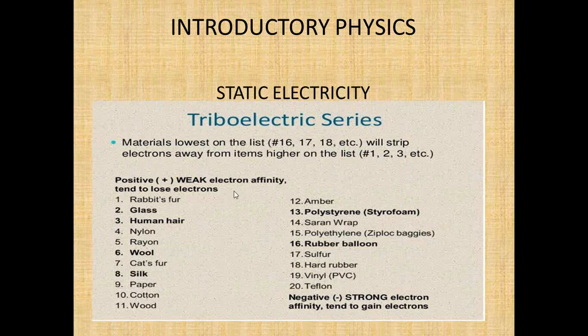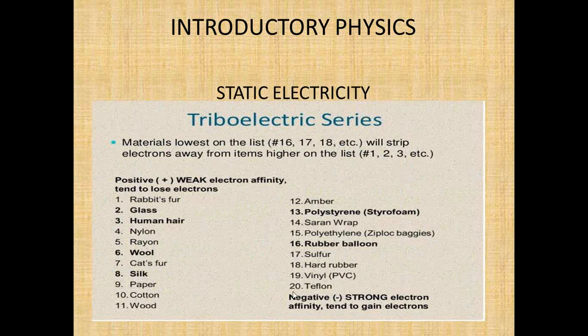You can order it in this fashion, where materials lowest on the list will strip electrons away from objects higher on the list. So what we're saying is, we order it in such a way that these objects tend to give up their electrons, and these objects lower down tend to pull electrons.